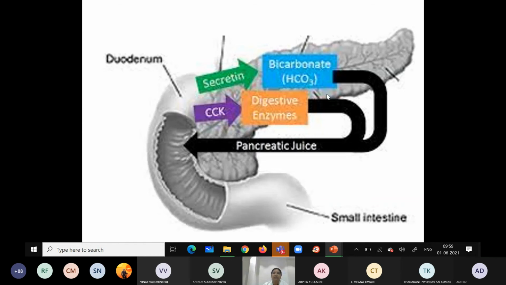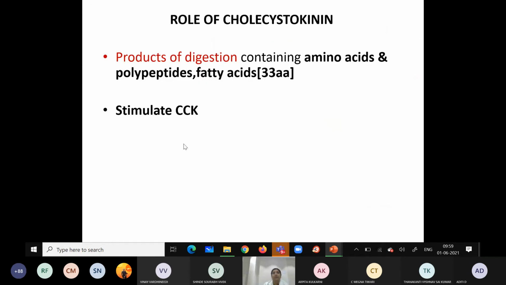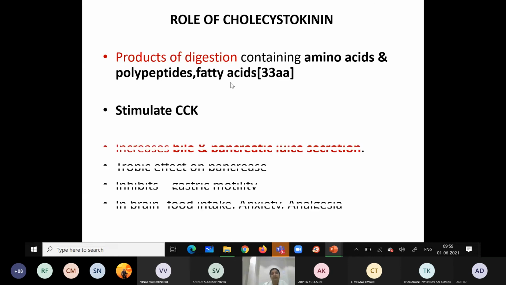So if you can see here, secretin stimulation causes an increase in bicarbonate, whereas CCK stimulation causes an increase in the enzymatic contents. So both together influence the pancreatic juice. Cholecystokinin is synthesized from I cells present in the upper duodenum, and it has 33 amino acids. Its stimulants are fatty acids and polypeptides.